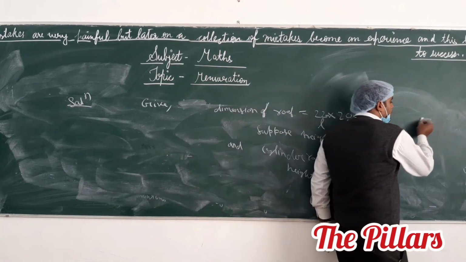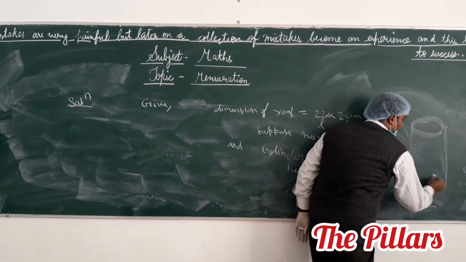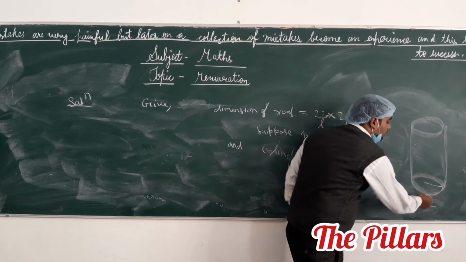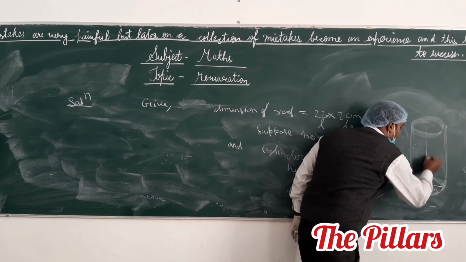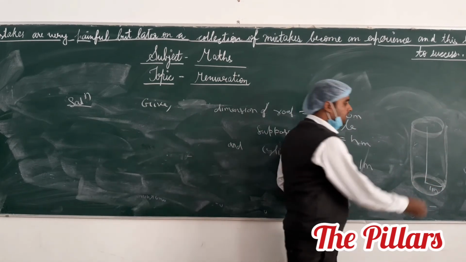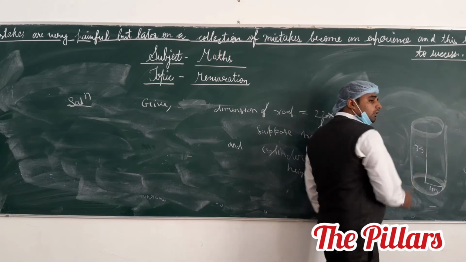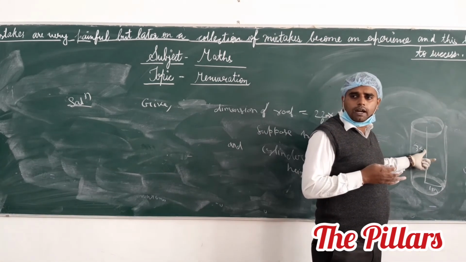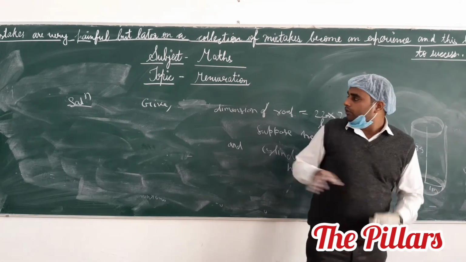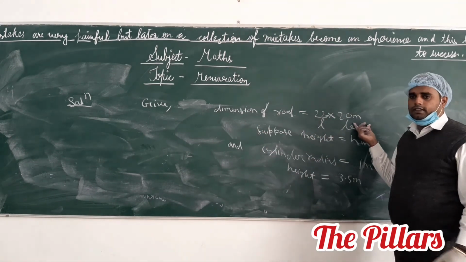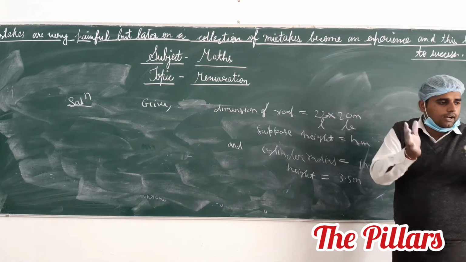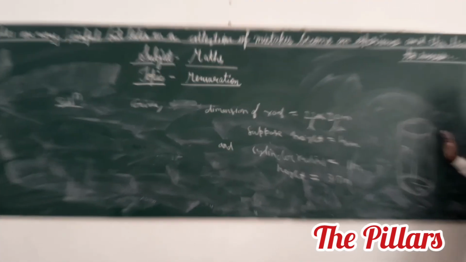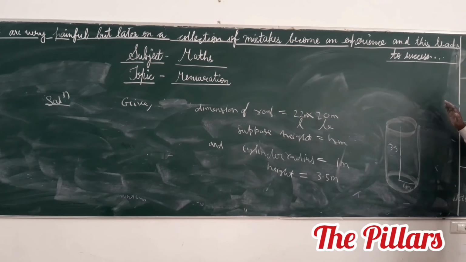Suppose the question says that by this amount of water, this cylinder is filled, whose radius is 1 meter and height is 3.5 meter. We have to calculate the volume of this one, that is, how much water we have. Because this dimension into h, we have to calculate this water in the cylindrical vessel, and this cylindrical vessel is filled.